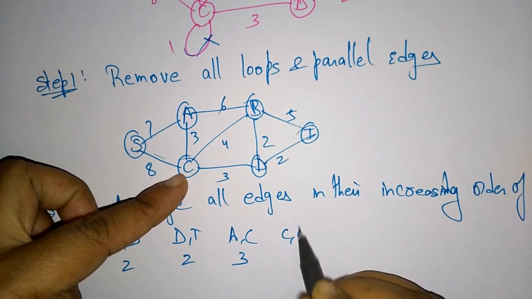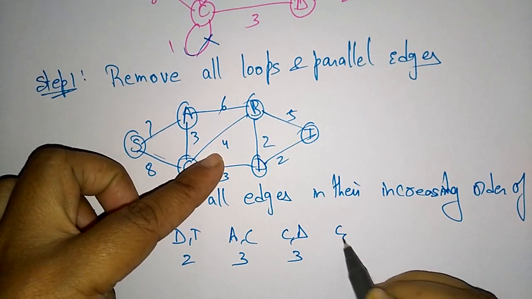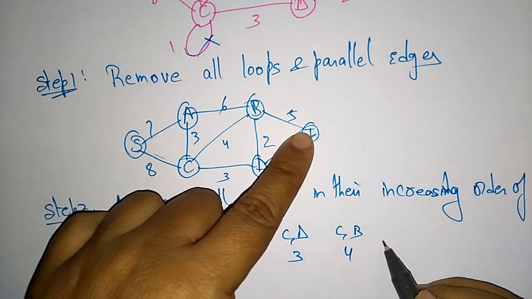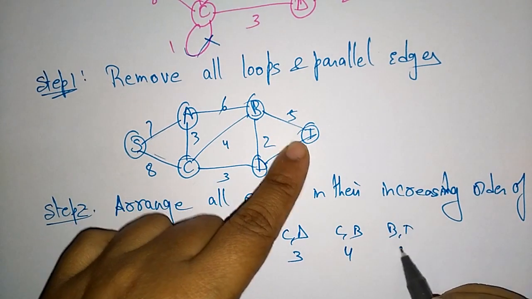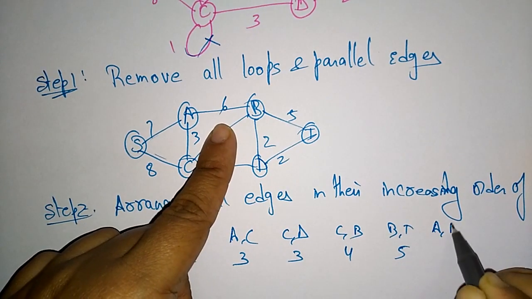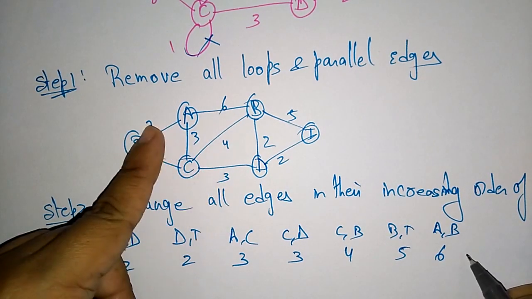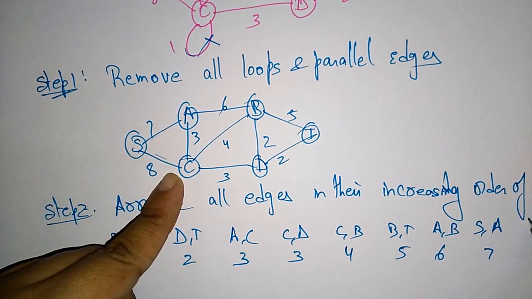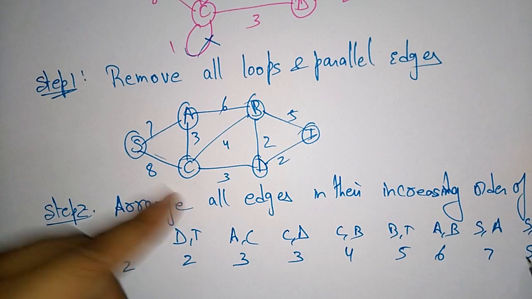CD is having 3. Next is CB. CB is 4. After CB, you have BT. BT is having 5. Next is AB. AB is having 6. Next is SA. SA is having 7 and SC is having 8.